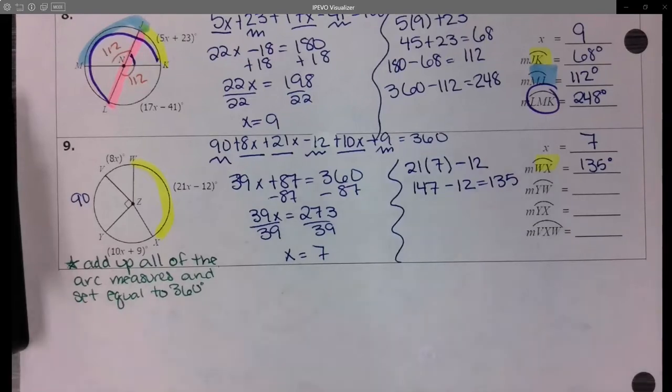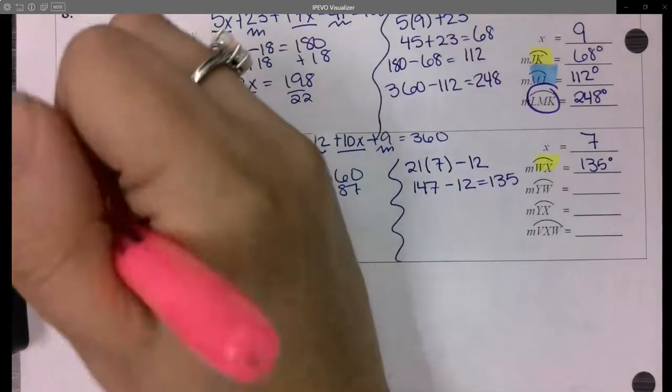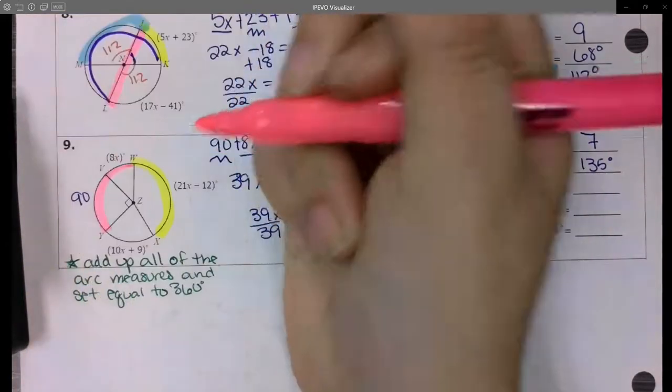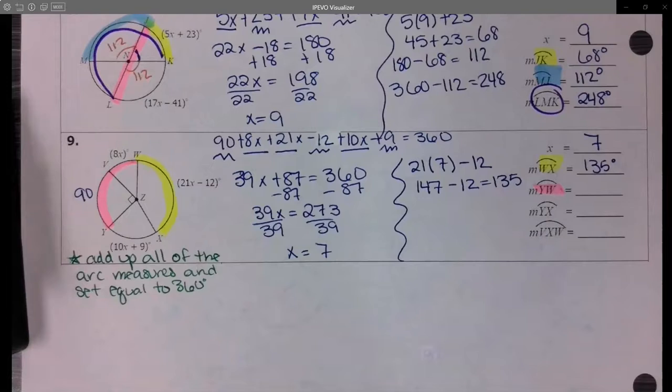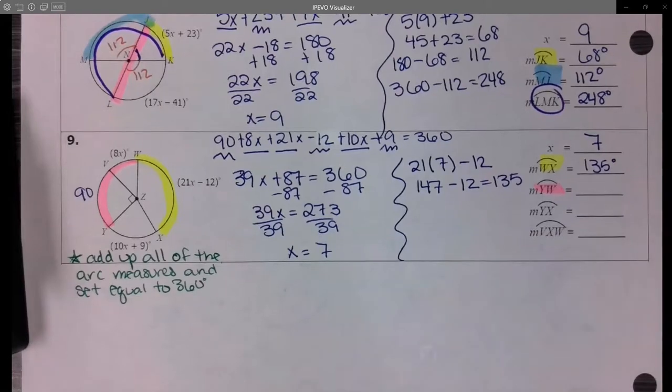Okay. The next one I have is YW. So how would I find YW? No, because these aren't vertical angles, so I can't quite do that. Any other ideas? Almost.